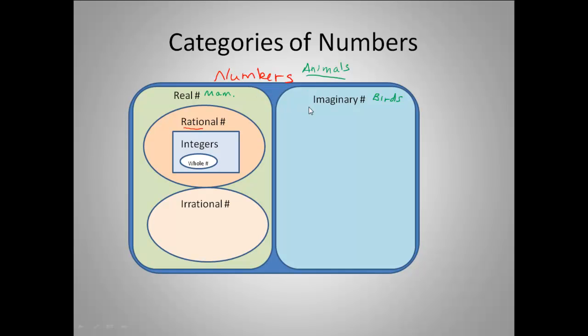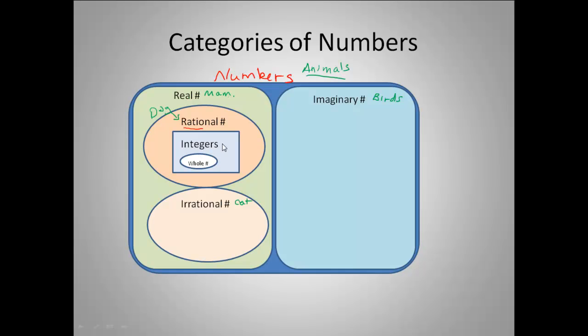Same thing with real numbers and imaginary numbers. Now if we look at the mammals, maybe we're going to talk about dogs, and that would be like our rational numbers, and maybe our irrational would be cats. So dogs and cats are both mammals, which are still animals, and that's the same thing for your rational and irrational. They're still real numbers, which are still numbers.